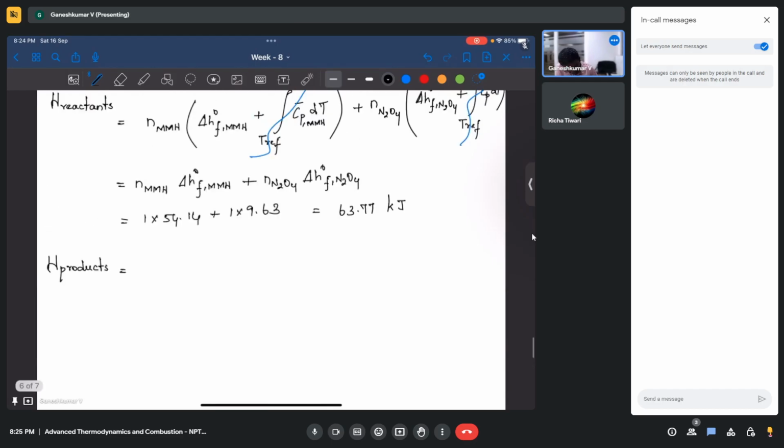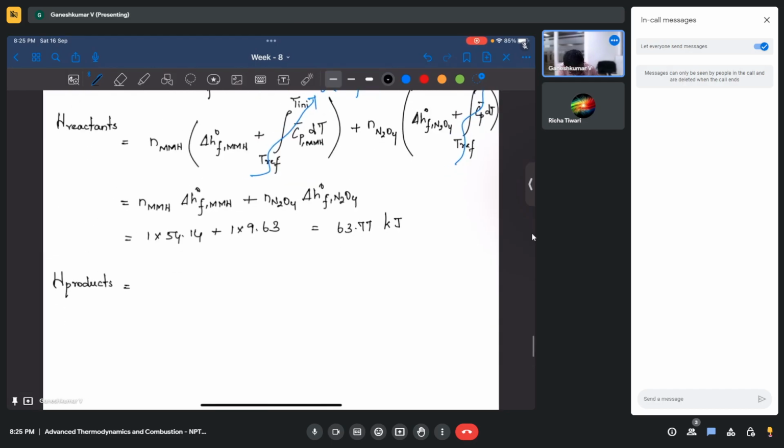How do we write the enthalpy of products? We can write it as N of CO times H naught F of CO plus the integral of Cp bar dT from T ref to T adiabatic.